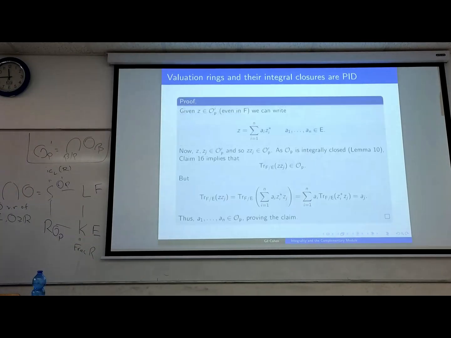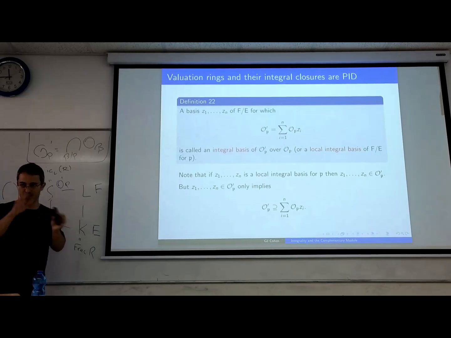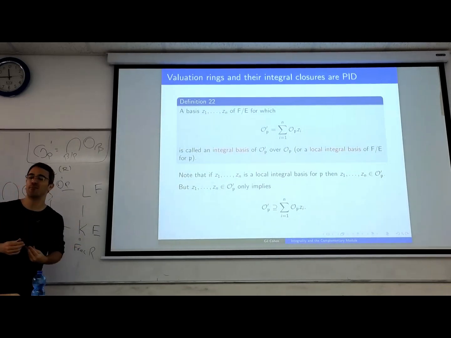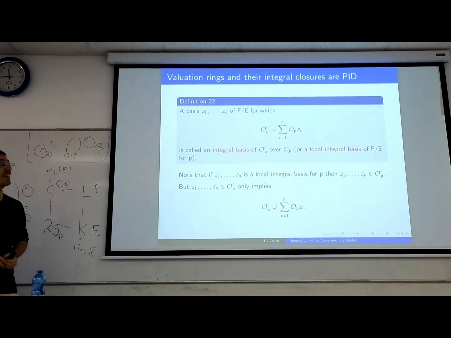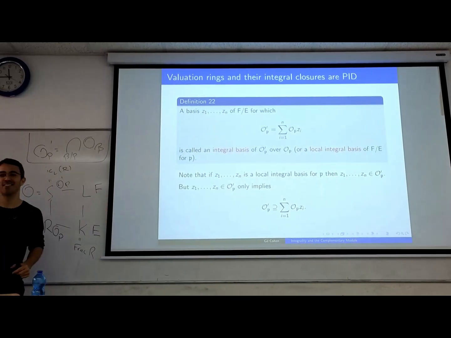I don't need that, so forget about that. That's how we think about it. What I said is that for every p, there is a good basis. Every basis is good for all but finitely many p.